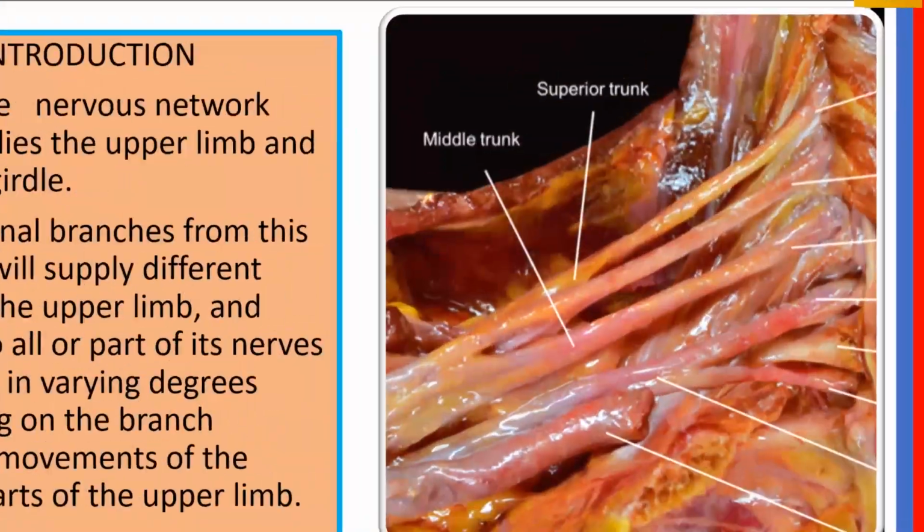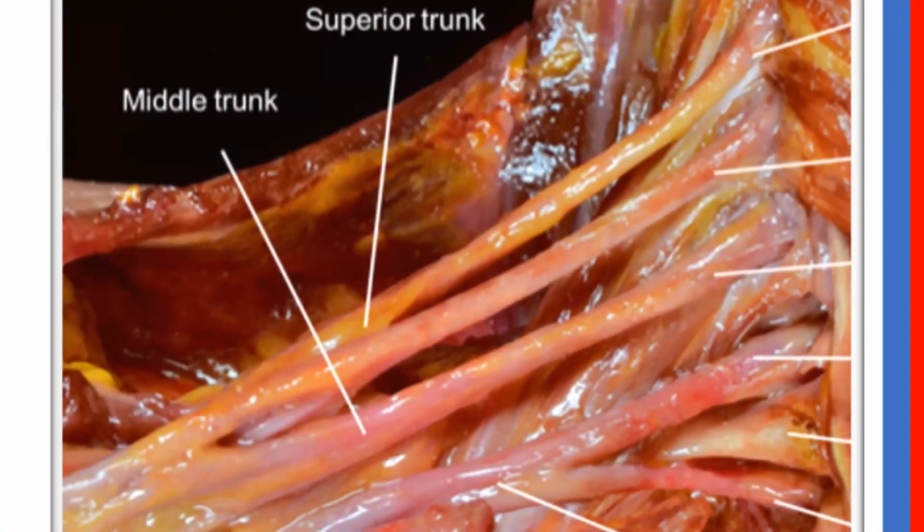The brachial plexus is actually a very important topic in anatomy, particularly in the upper limbs, because it is here that the nervous network that supplies the upper limb is formed, and also that supplies the pectoral girdle.